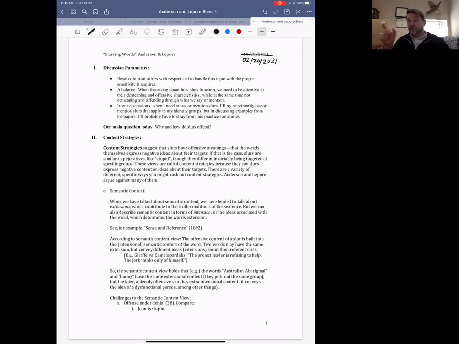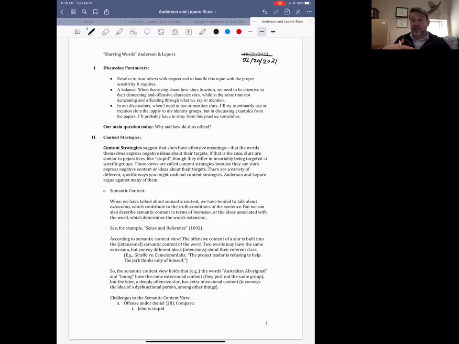Slurs just have these offensive ideas as part of their meaning. And when a slur composes a sentence, those offensive ideas are carried over into the content meaning of the sentence itself. So they contribute maybe to the primary propositional content expressed by the sentence containing the slur.